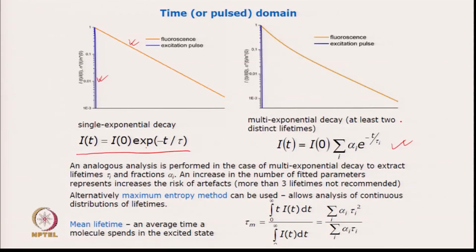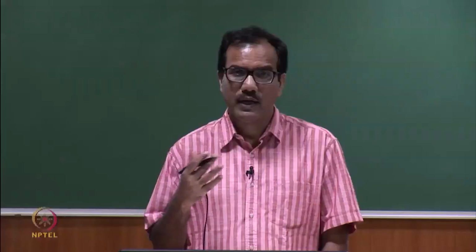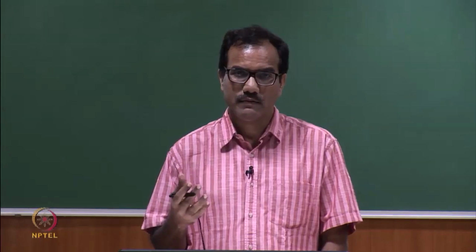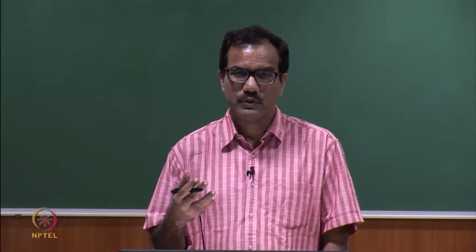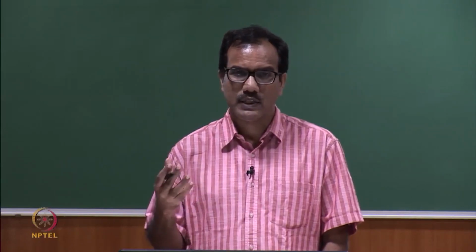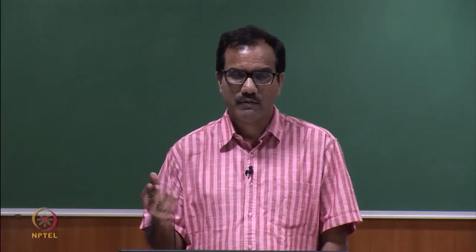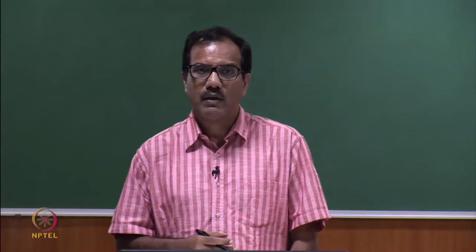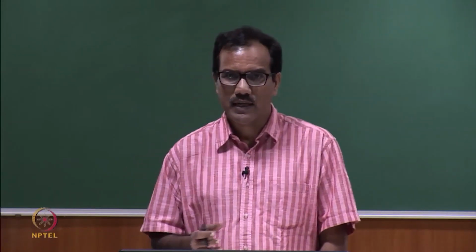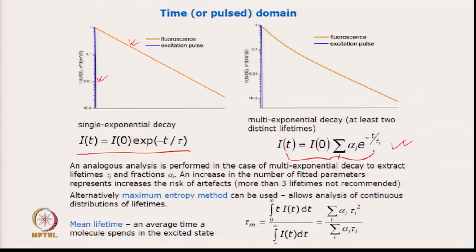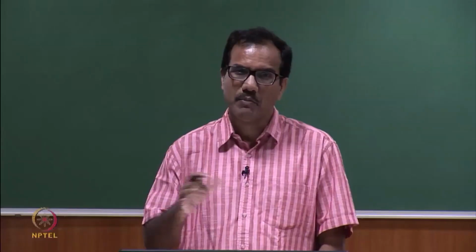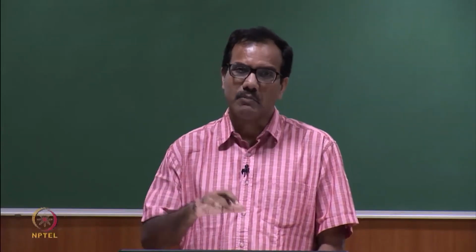This is when there is more than one lifetime, and that can be because, suppose you are discussing a protein, there may be 2 tryptophans undergoing decay, so there will be contributions from 2 different tryptophans. Also, it may be because there is only one tryptophan, but it is changing conformation between 2 different conformers.